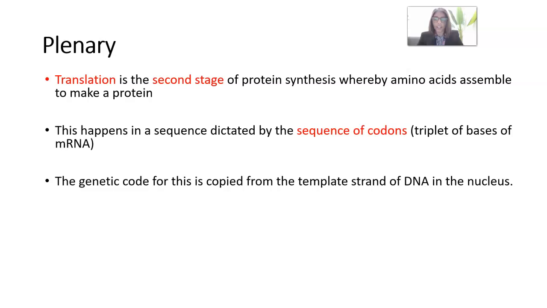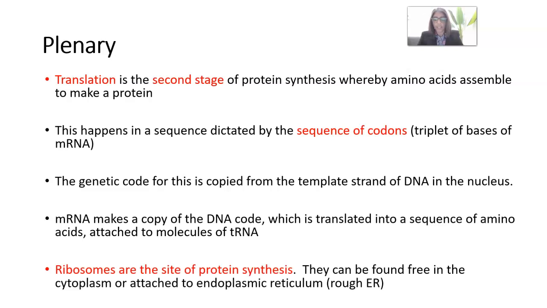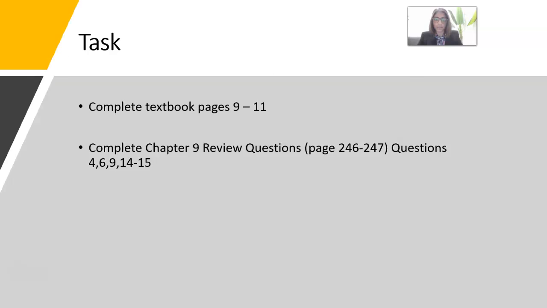The genetic code for this copied sequence comes from the DNA in the nucleus. The mRNA makes a copy of the DNA code, which is translated into a sequence of amino acids which are attached to tRNA molecules. It's the ribosomes which are the site of protein synthesis, and as I've mentioned, they can be free in the cytoplasm or they can be attached to the endoplasmic reticulum.